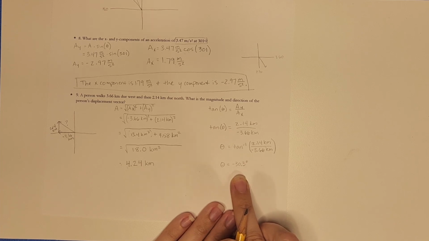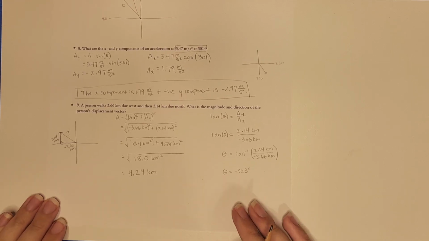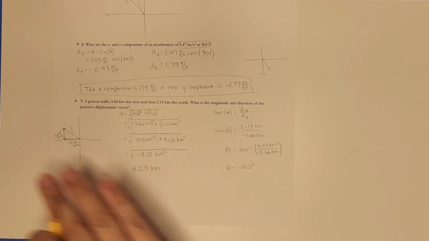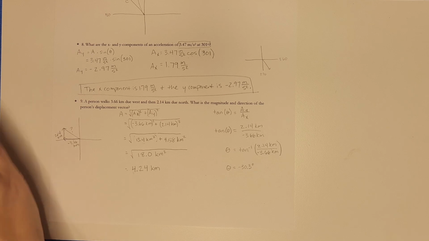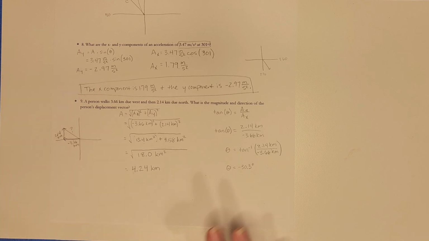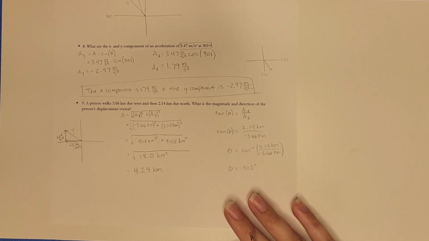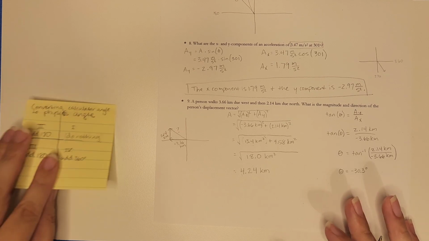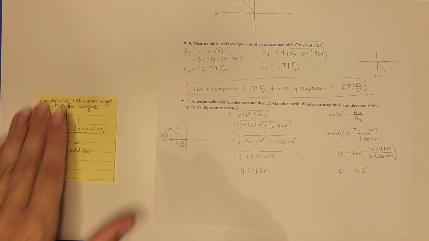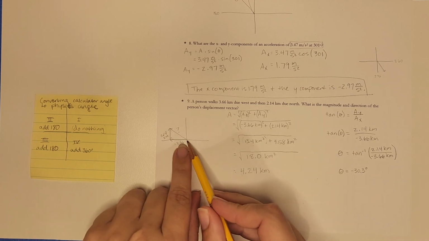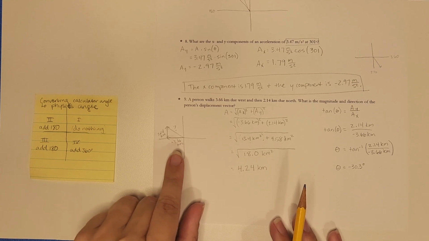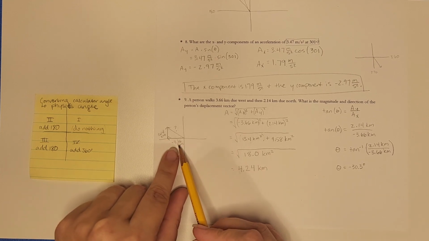Now, this is not an accurate number. As we know from that previous problem, we can't report a negative, right? We also know that based on what quadrant we're in, we're going to add a certain amount to the calculated value that we get for this. Okay, so this is that rule, right? And from here, it looks like we are in the second quadrant, but we can also confirm that, right?